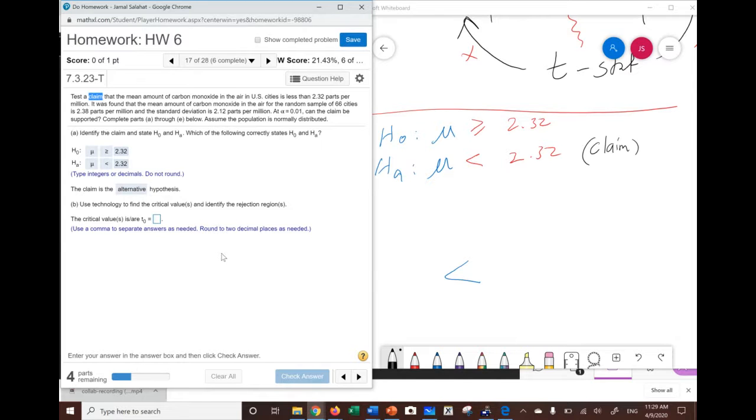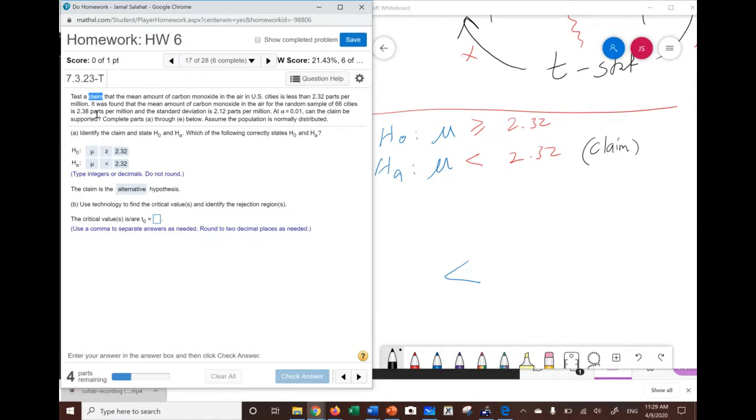Notice in the problem here, I need to know, do I need to use a Z or a T? Now we are in search for the standard deviation. When we read the problem, it says it was found that the mean amount of carbon monoxide in the air for the random sample of 66 cities is 2.38.